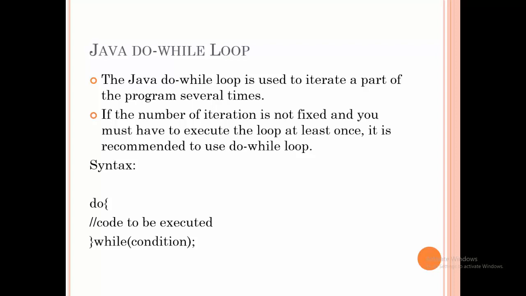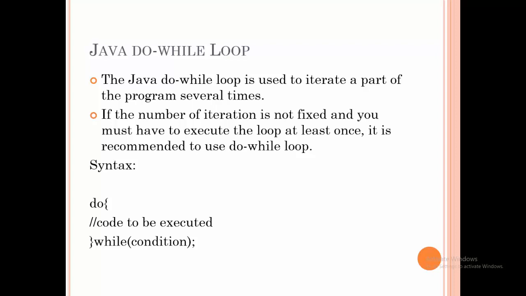If the number of iterations is fixed, we use a for loop. If the number of iterations is not fixed, it is recommended to use while. If the number of iterations is not fixed and you want to execute the loop at least once, then it is recommended to use do while loop.